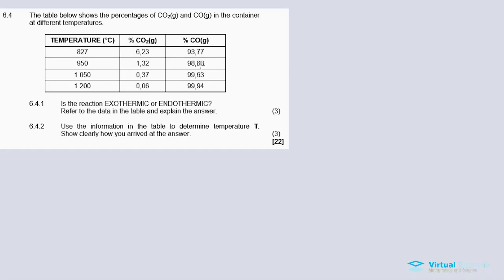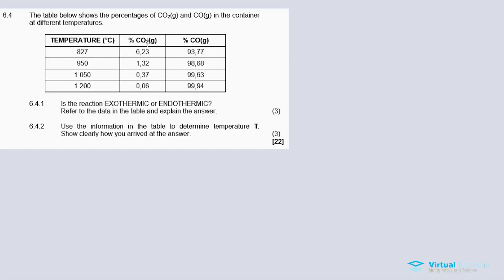Let's say the answer we get is 99.63, it means the temperature T is about 1050. If the answer is 98.68, the temperature T is simply 950.